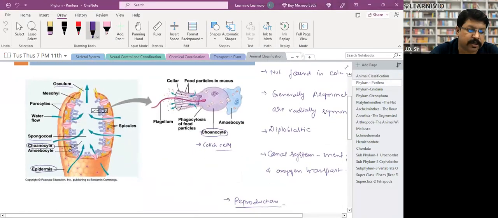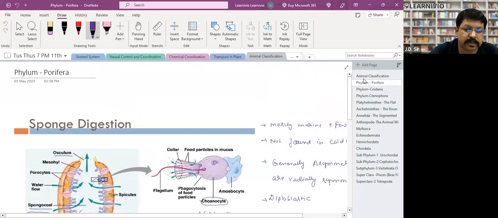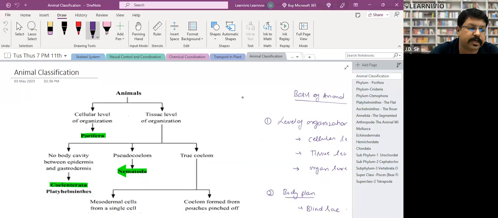This is a sponge. It is a collection of cells, but we cannot call it a tissue. Tell me again: a group of cells that work together and perform a specific function, that is called a tissue, right?